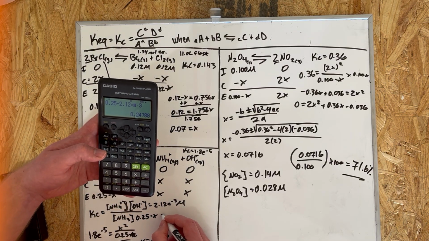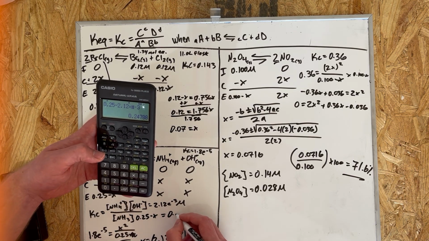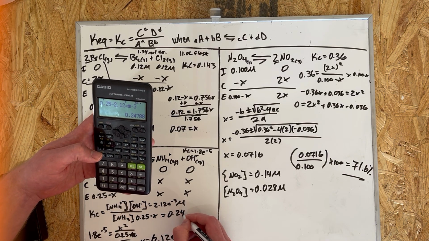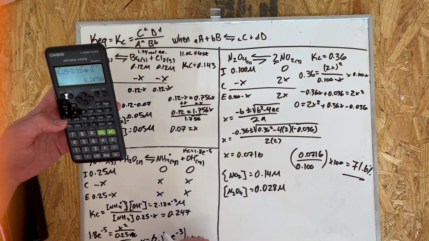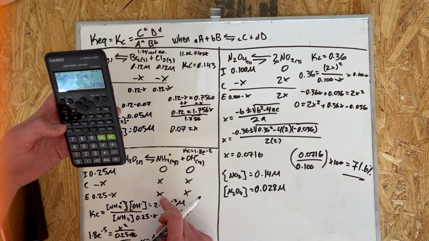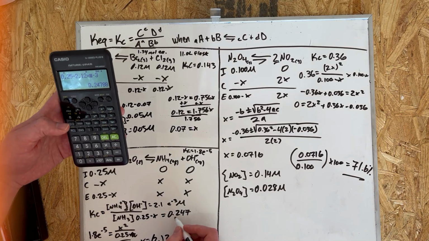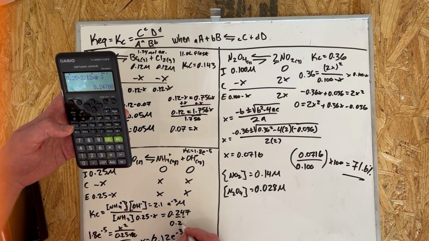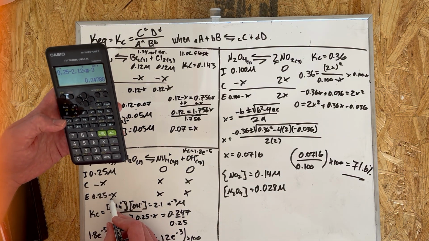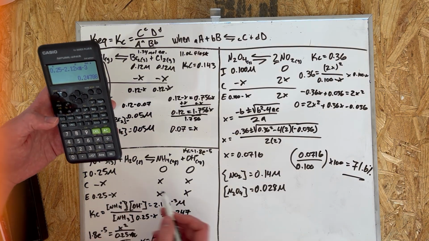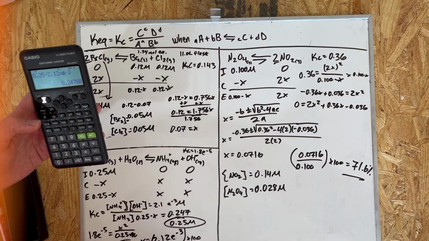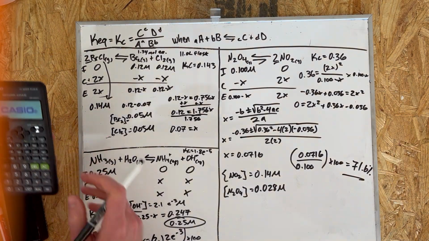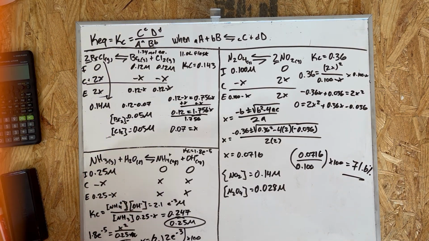So our concentration of that is going to be 0.247, and with two significant figures, this would actually be 0.25. So again, you can see that this was okay to simplify because it ends up being 0.25 anyways.